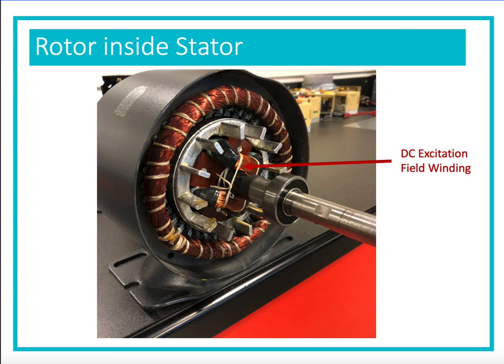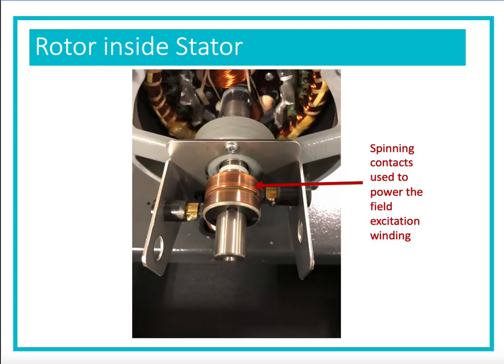Because it would seem like the wires would just go round and round and get all tangled up. But this is what happens. There are spinning contacts, and those spinning contacts are what power the excitation winding, or the DC winding in the rotor. So these are always connected, and the rotor can spin and still remain connected to this DC voltage.